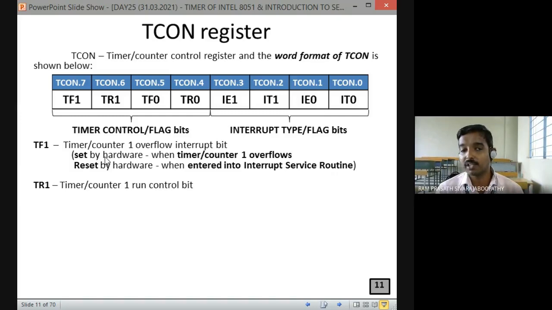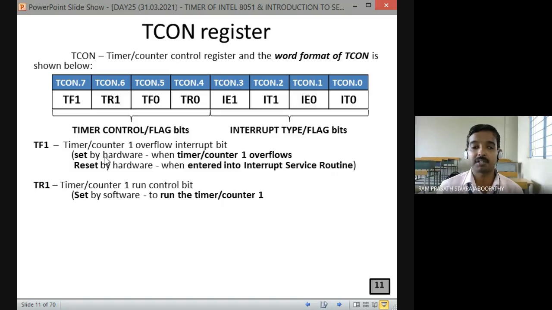If you enable gate control, your timer operation depends on two things: one, the external gate control, and the other one, this TR1 and TR0 bit. Fine. That means this is set by the software. The programmer has to set it. Whenever you want to run the timer, this bit must be set. Fine. To disable the timer or counter operation, or to stop it, we have to reset this. Fine. Is it clear?